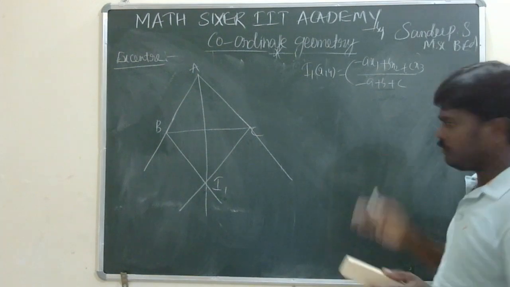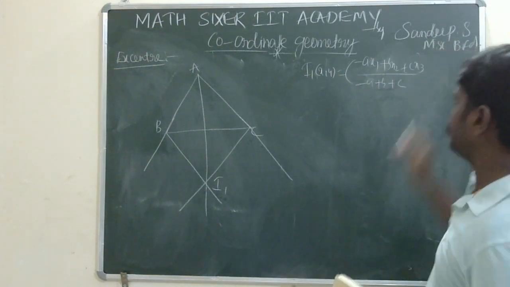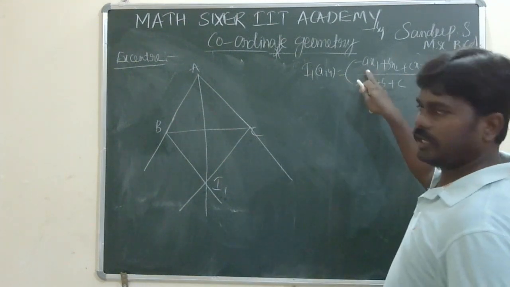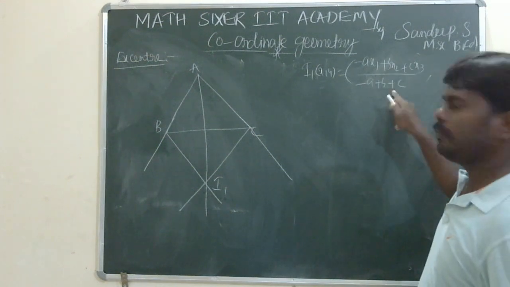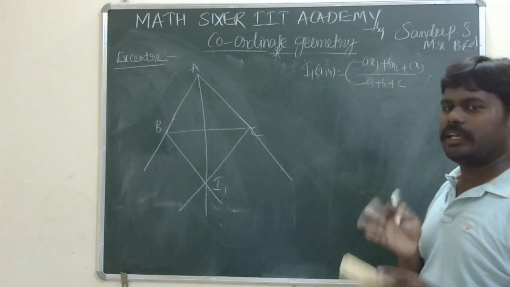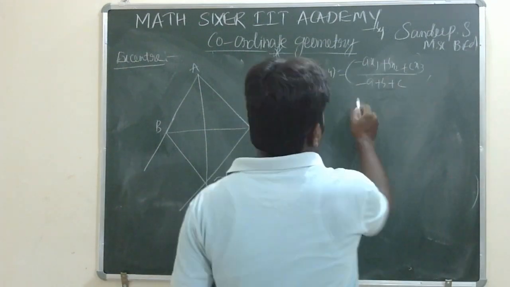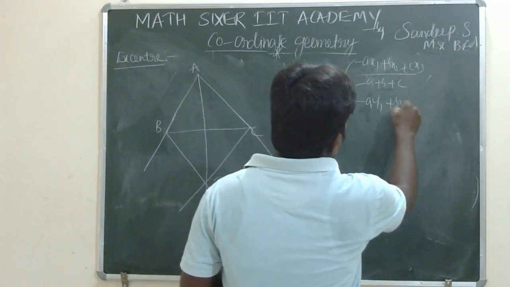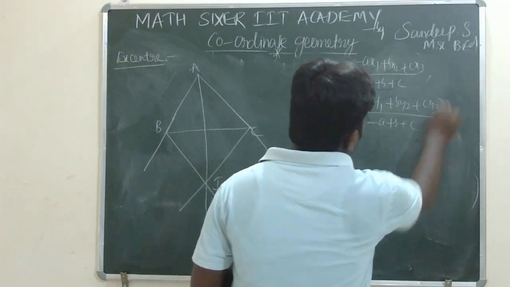We write this to remember the formula easily. Originally you will get AX1 minus BX2 minus CX3 divided by A minus B minus C, but we are taking minus common and hence the result is this. So comma, minus AY1 plus BY2 plus CY3 by minus A plus B plus C.